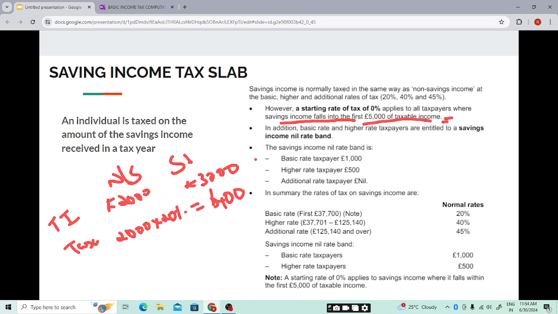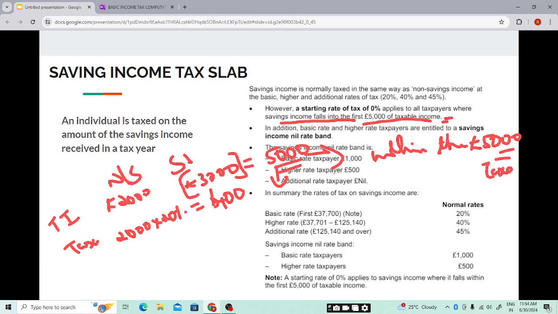My total taxable income is 5,000, and my saving income falls within the first 5,000. So the tax rate will be 0 for this: 3,000 at 0% gives rise to 0 tax.